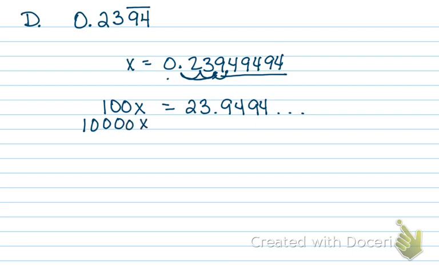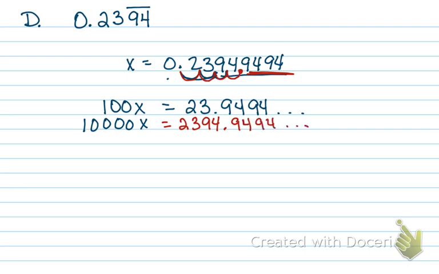So that means we're going 4 places over. So let me change my color here. So 4 places. 1, 2, 3, 4. And then our recurring part would be repeating. So this 10,000x would be equal to 2394, 94, keep putting 94, 94, etc.